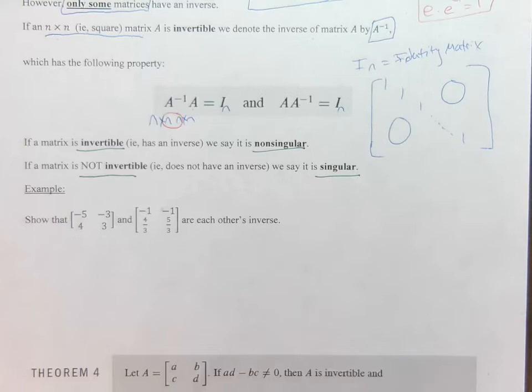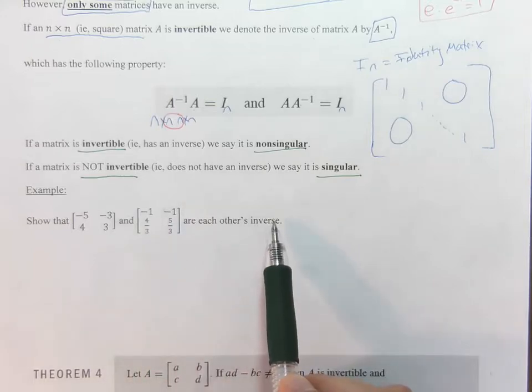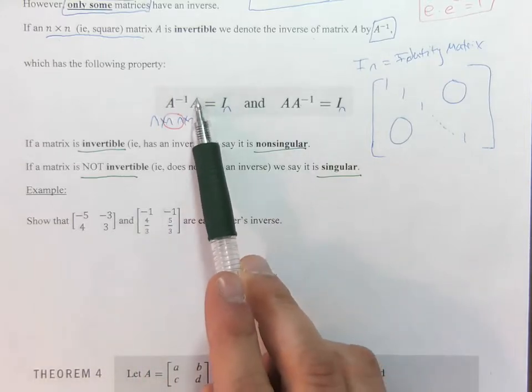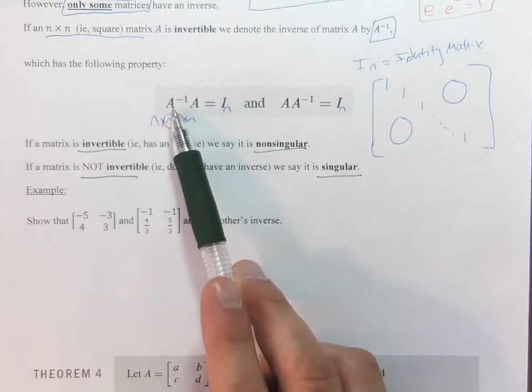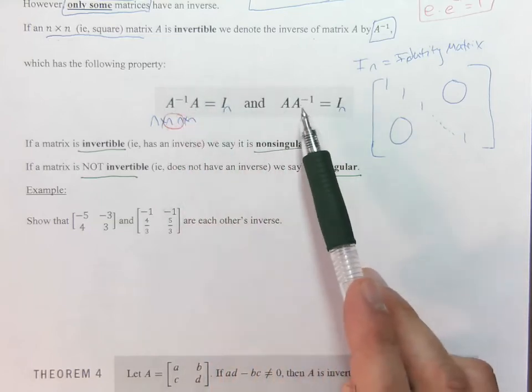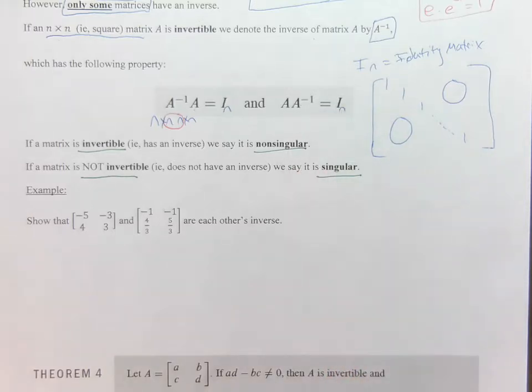We can see this example show that this matrix and this matrix are each other's inverse. We can see that that's true by multiplying them together and seeing whether or not we get the identity matrix. So we'll multiply them like this, and like this, and in both cases we're going to see that we get the identity matrix. This is also a good opportunity for you to practice your matrix multiplication, which was learned in the last section.